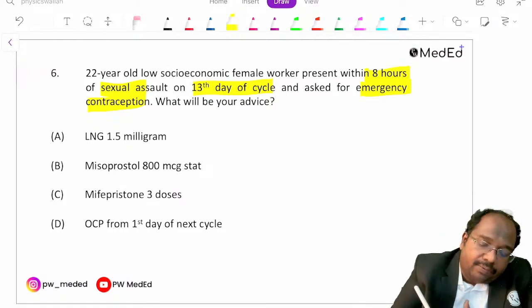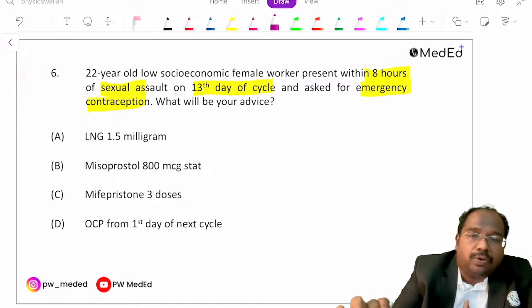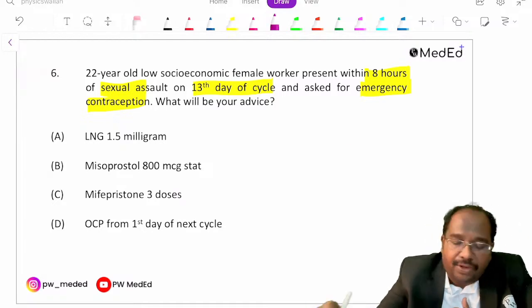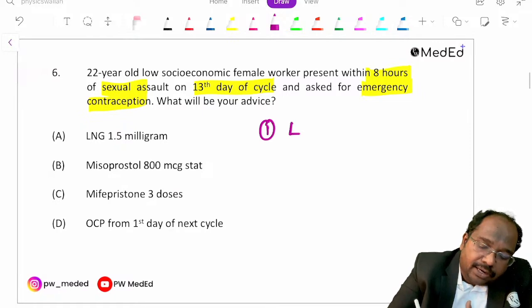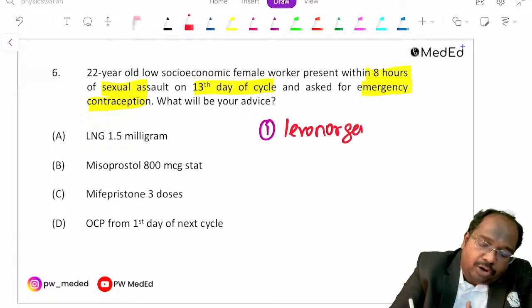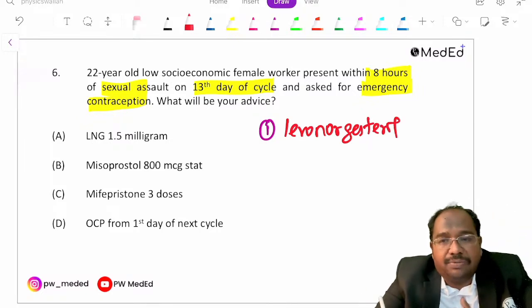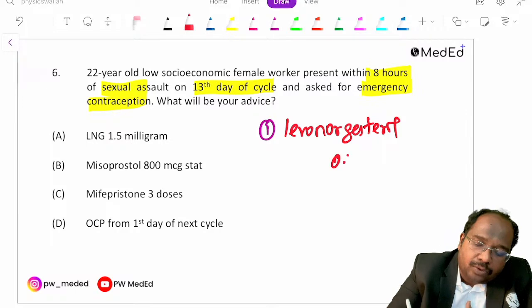In our program, the first one we give is levonorgestrel, LNG. We give 2 tablets of 0.75 milligram.